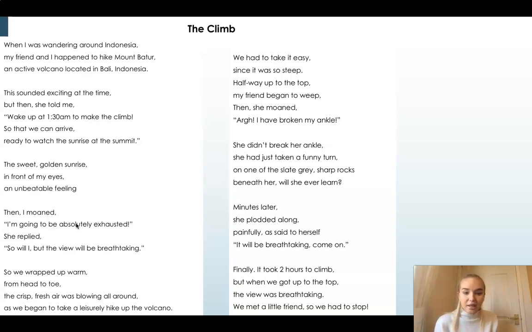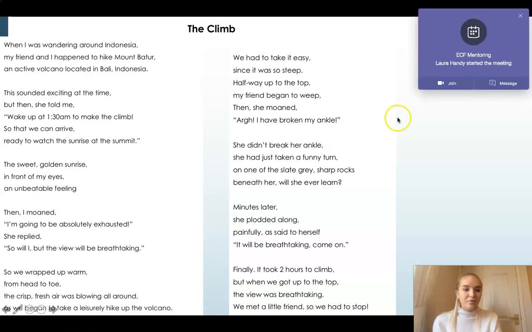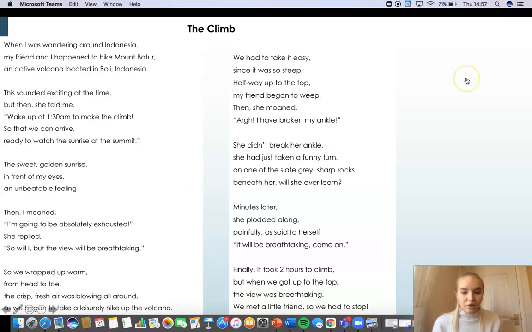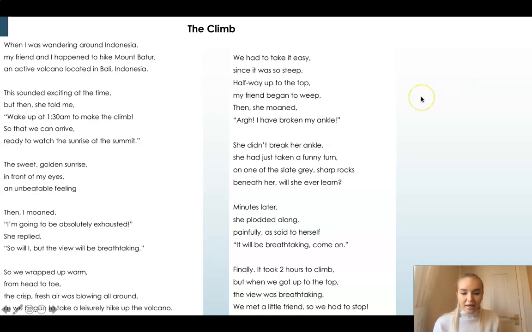She had just taken a funny turn on one of the slate grey sharp rocks beneath her. Will she ever learn? Minutes later she plodded along, painfully, as she said to herself, "It will be breathtaking. Come on." Finally, it took 2 hours to climb, but when we got up to the top, the view was breathtaking. We met a little friend, so we had to stop.